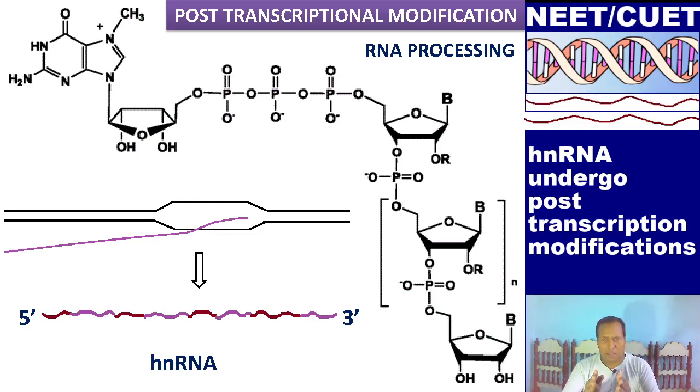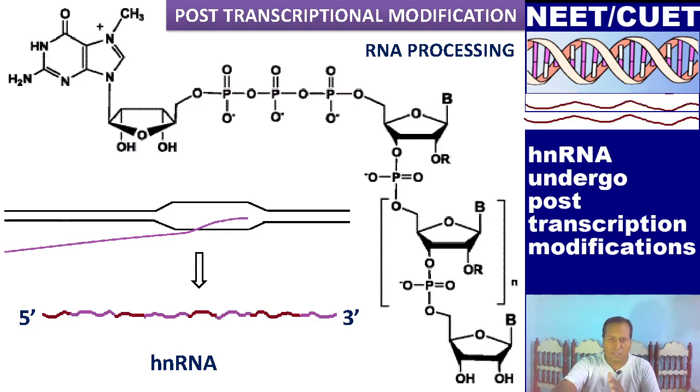So, this RNA processing or post-transcriptional modification is of 3 types. One is splicing. Splicing means removal of non-coding sequences from hnRNA. Second one is 5 prime capping, and third one is 3 prime polyadenylation.